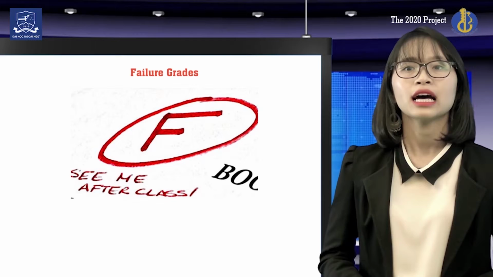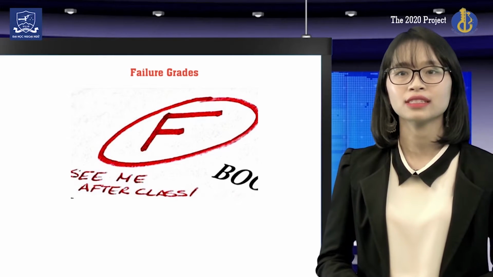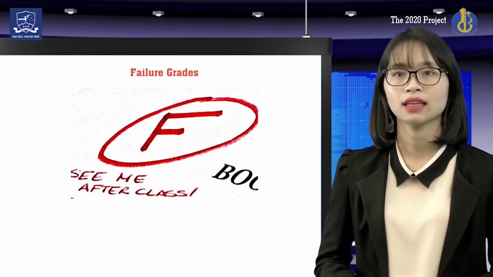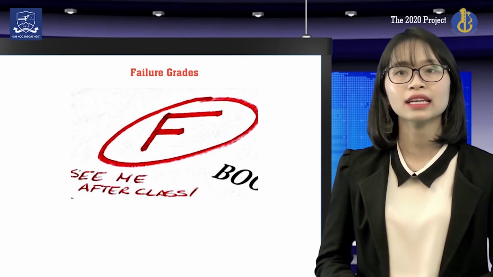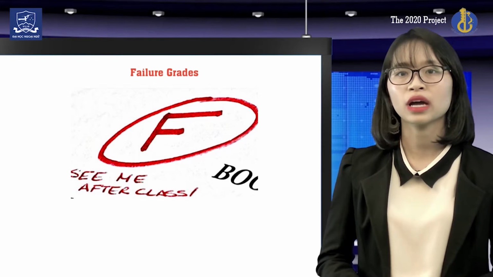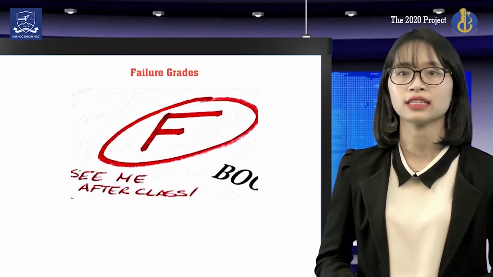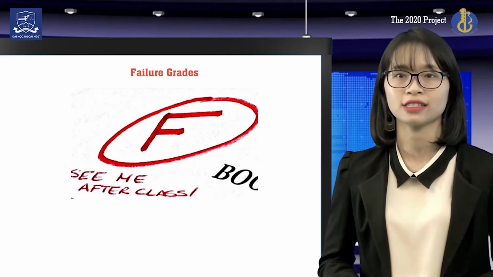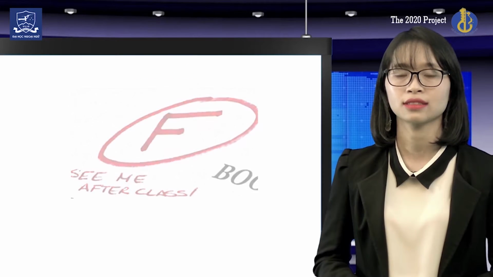For example, at some schools, if students get a mark of 0, it means they fail the subject. At other schools, any grade lower than 5 is a failure grade. No matter how you define a failure grade, remember that your answer should be consistent with your grade framework.